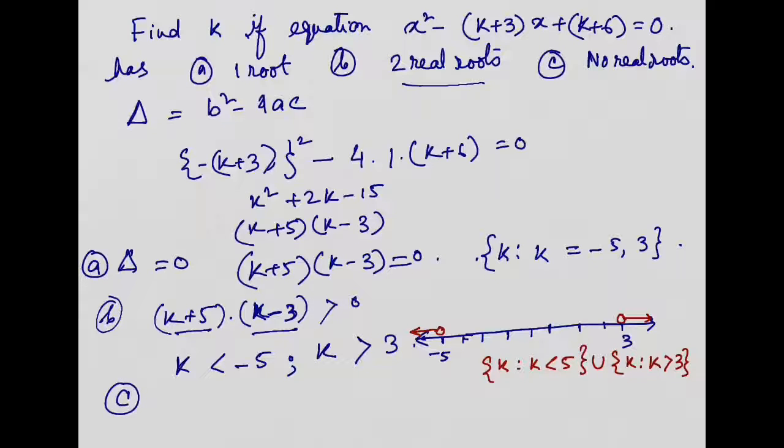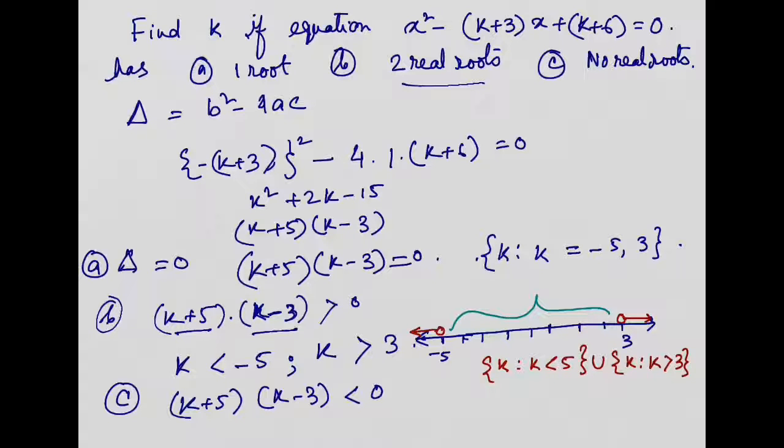Now for no real roots, this value, k plus 5 into k minus 3, should be less than 0. So, that gives me that this value should be in between on this number line. I have done it in the same diagram.